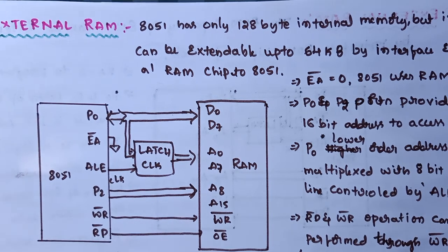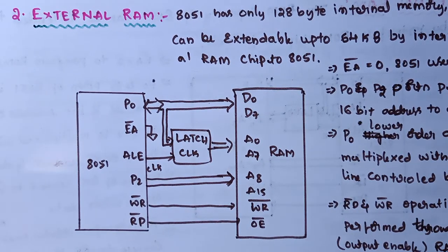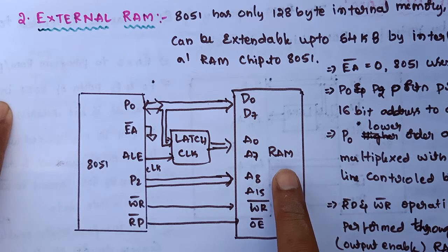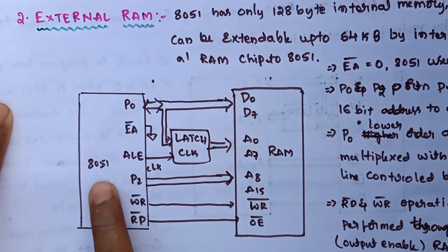This is a block diagram to connect an external RAM chip to 8051. This is the external RAM chip, and it is connected to the 8051 microcontroller.